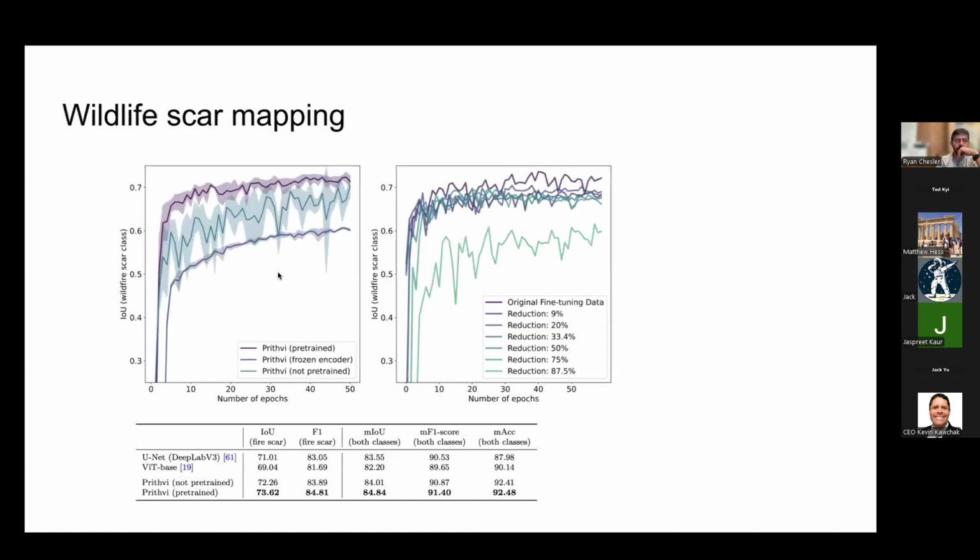So here we have the scar mapping, and this is a similar graph, showing the pre-trained versus the frozen encoder versus the not pre-trained. We see the same pattern again, where the pre-trained one is better, especially early on, and it's slightly better than the not pre-trained, but as you train longer and longer, they kind of converge.